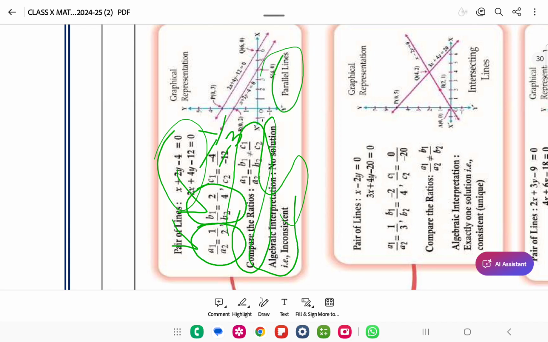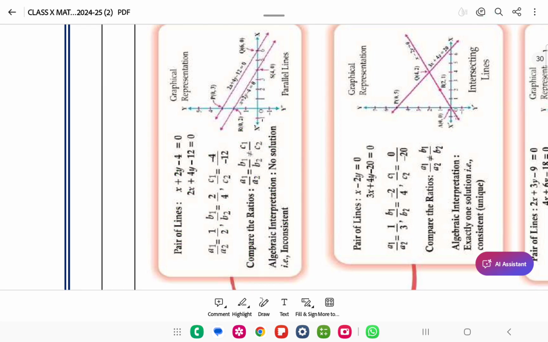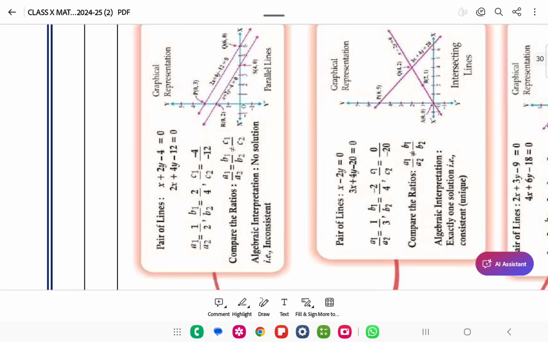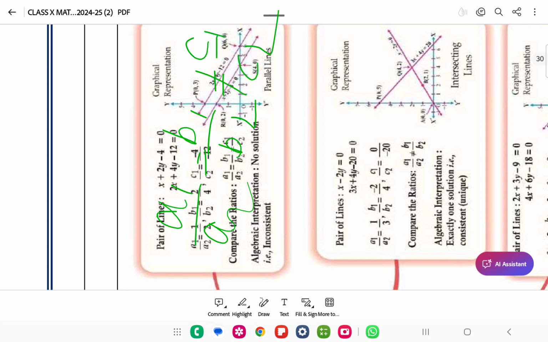Two lines will come, and they will not touch anywhere on the x-axis or y-axis, and they keep a given distance between them. Those are called parallel lines. Parallel lines represent a1 by a2 equals b1 by b2, not equal to c1 by c2. This is what you will study in parallel lines.